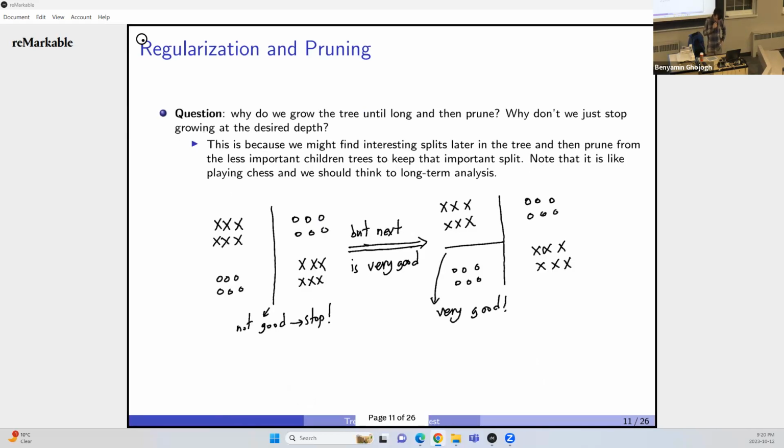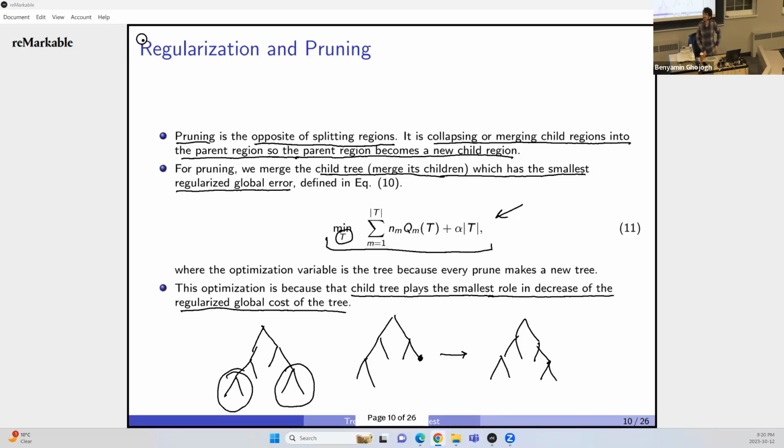Now, question. Why do we grow the tree until the end and then prune? We talked about it, right? For the same reason as I said. How do you know when you are splitting? How do you know that you should stop? Maybe if you split further, drastically the training error goes down. So the philosophy behind pruning is to go until the end, go to complete overfitting to see the future, and then prune back.